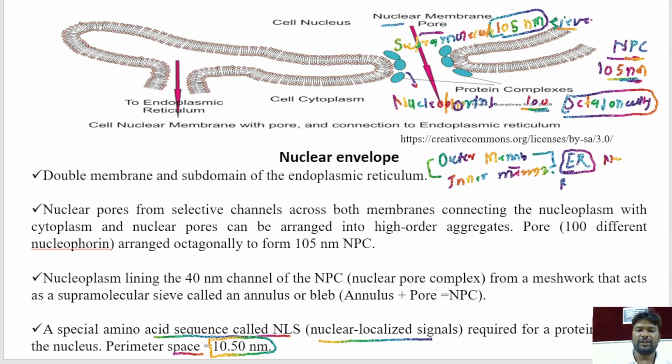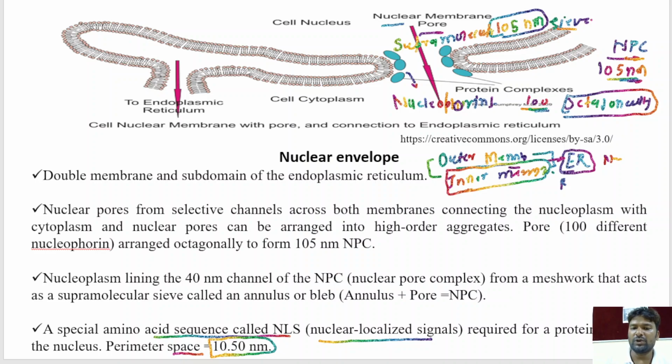So friends, in this slide we have discussed that there are two nuclear membranes, the outer and inner membranes, and the outer membrane is connected with the endoplasmic reticulum, and the inner membrane provides the shape to the nucleus.